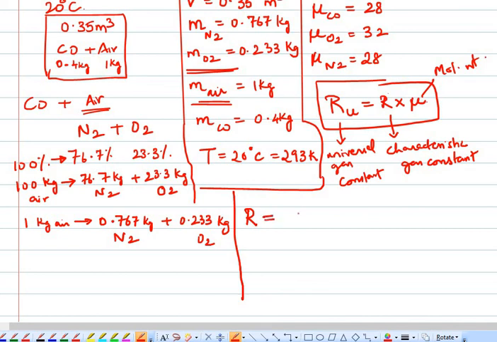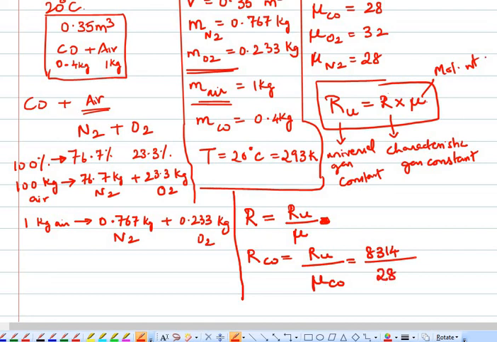So R is equal to universal gas constant divided by molecular weight. So if I rearrange this equation and write it for carbon monoxide, I can write like this: universal gas constant divided by molecular weight of carbon monoxide. So that is 8314 divided by molecular weight of carbon monoxide is 28. So 8314 divided by 28, I will be getting 296.9 joule per kg Kelvin.